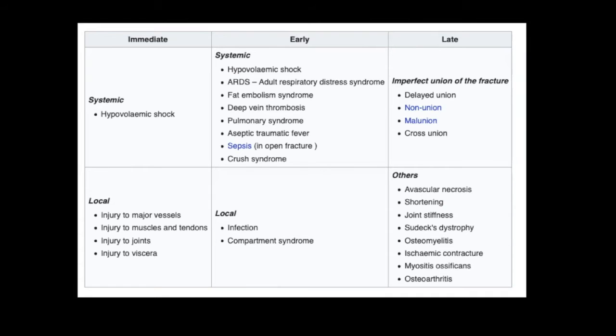Open fractures could lead to osteomyelitis, which is often a problem. Ischemic contracture is a result of compartment syndrome. Myositis ossificans could be a result of abnormal mineral response. And post-traumatic osteoarthritis is normal in case when you have an intra-articular fracture.